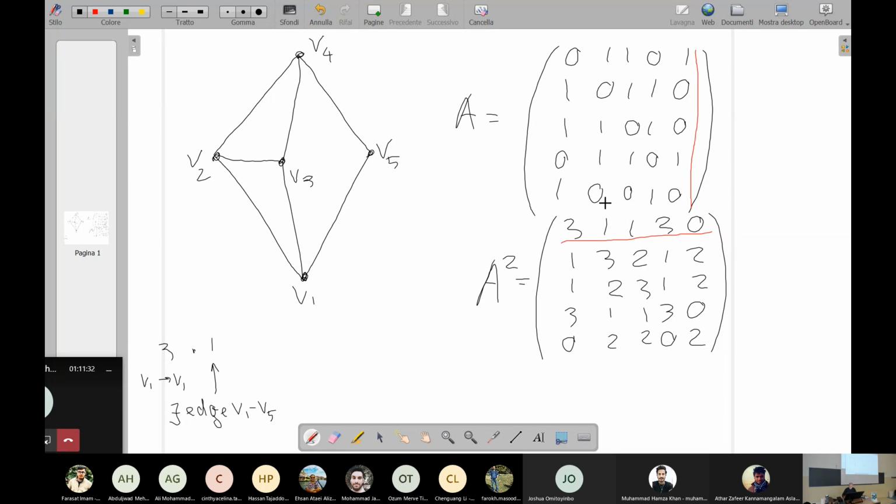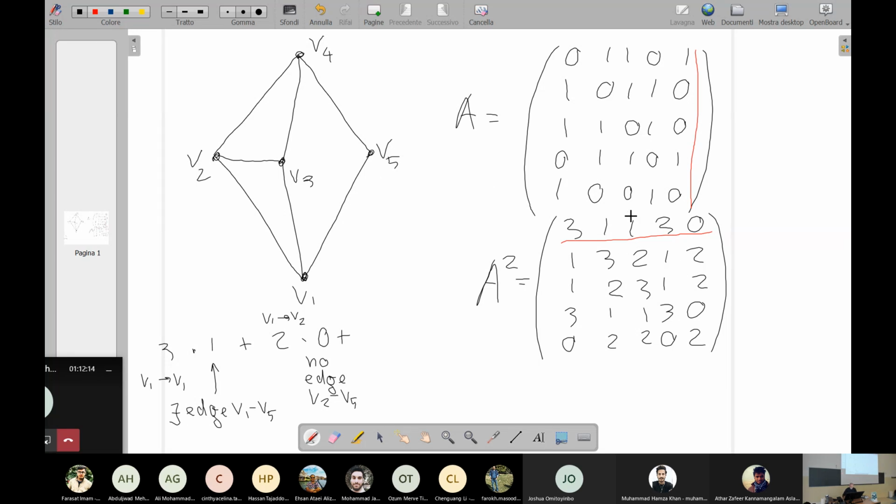Then what do I have? One, 2 walk from V1 to V2. And here it is. 1, 2. Okay. And so I have plus 2, which means from V1 to V2, but times 0, no edge V2, V5, okay? Plus, let's see, from V1 to V3.